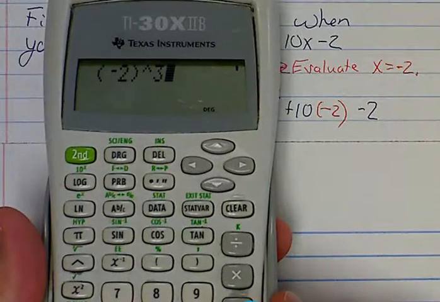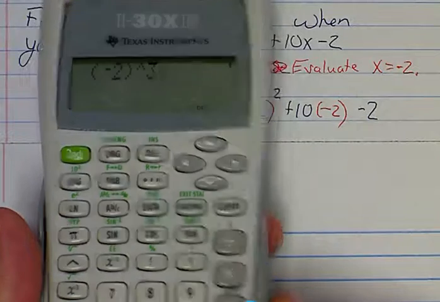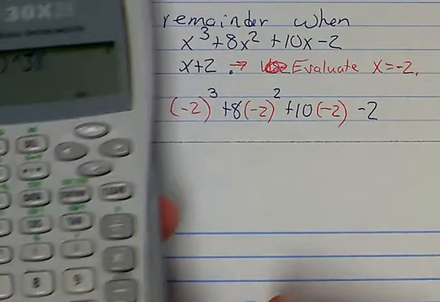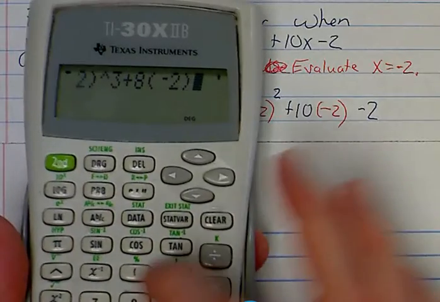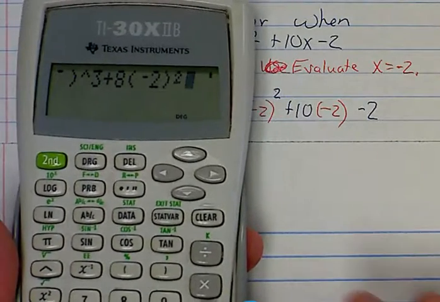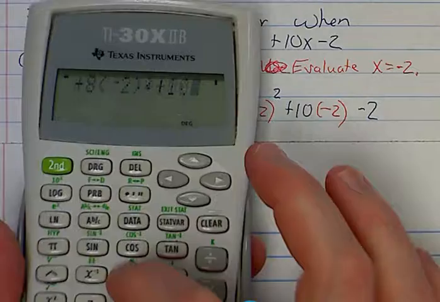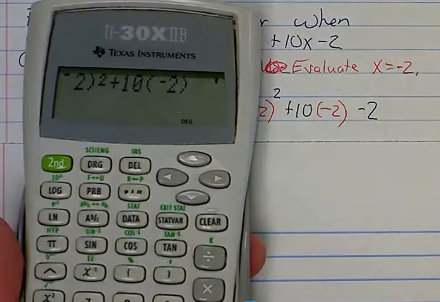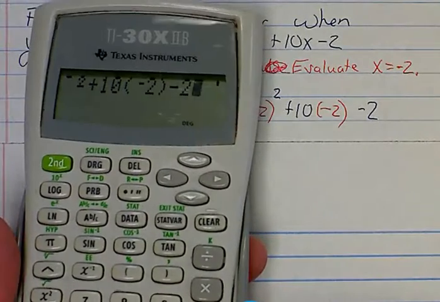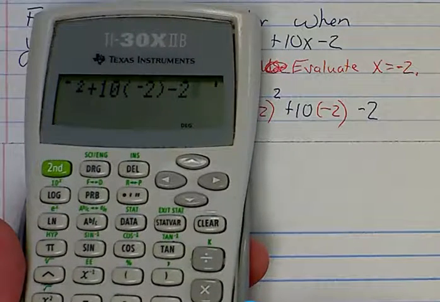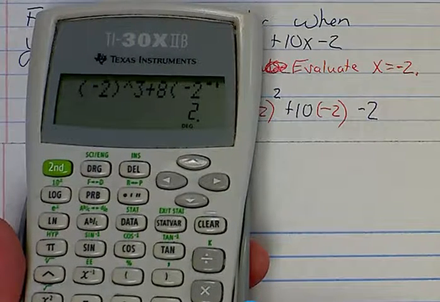Now you've got -2 to the third power. Then we had +8, parentheses, -2 squared, plus 10 times -2 minus 2. Plug that in and we get the answer 2.